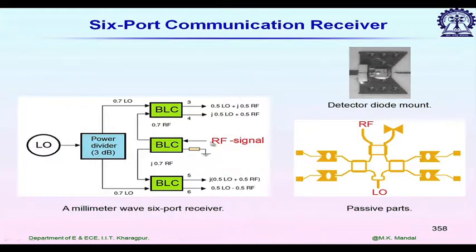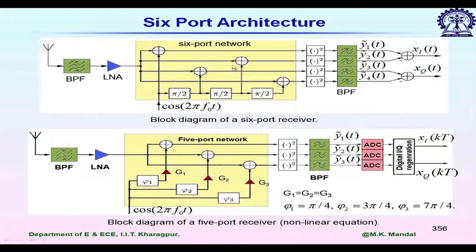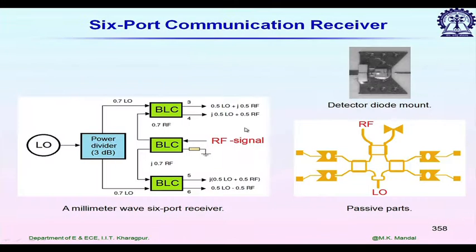RF signal, it is also being fed to another BLC, and all together it is so used that we have that condition. So, this local oscillator is being phase shifted 3 times, then it is being added with the RF, and you can find out the values here.